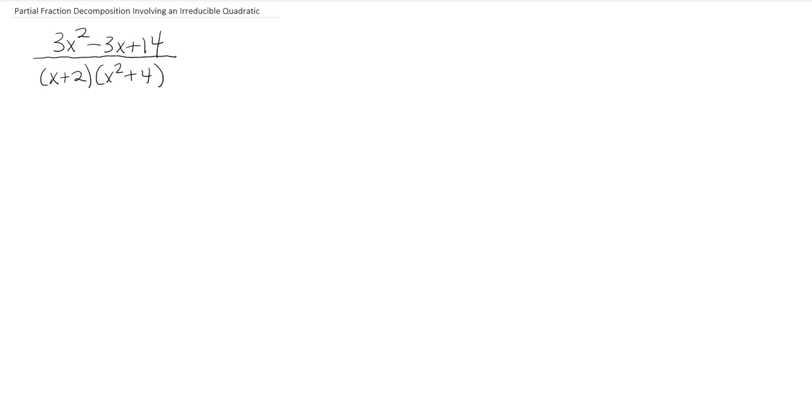Let's notice the factors in the denominator. We have a linear factor, x plus 2, and whenever we see linear factors with multiplicity of 1, we simply think of a constant A. The other factor is an irreducible quadratic.